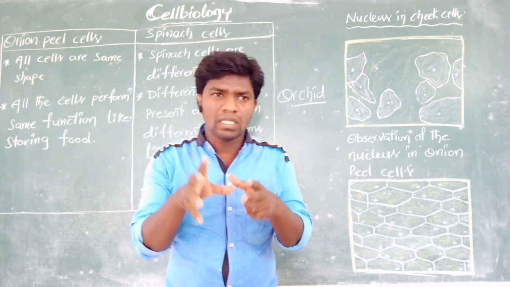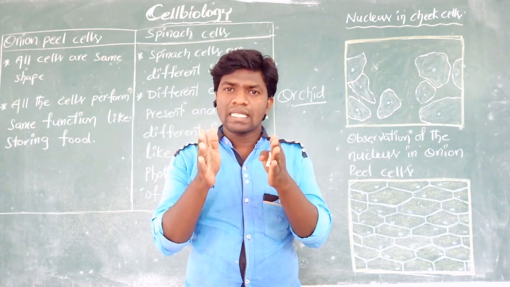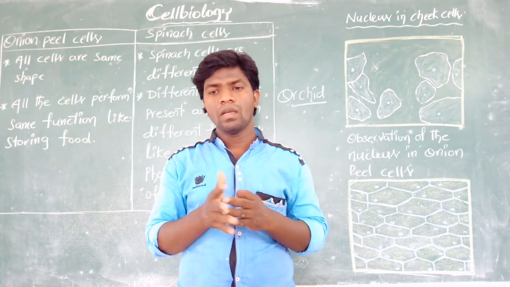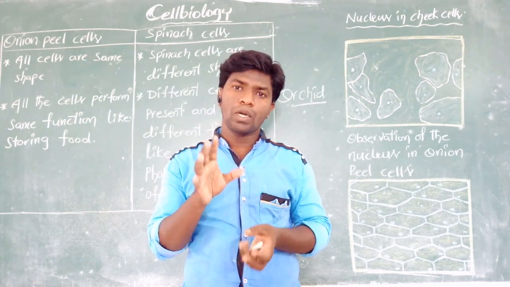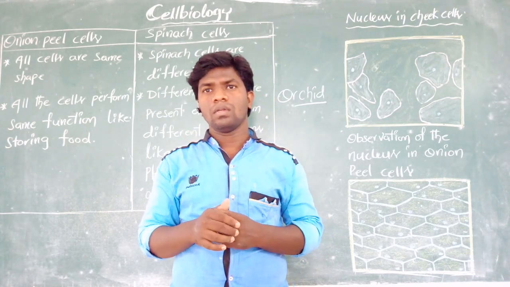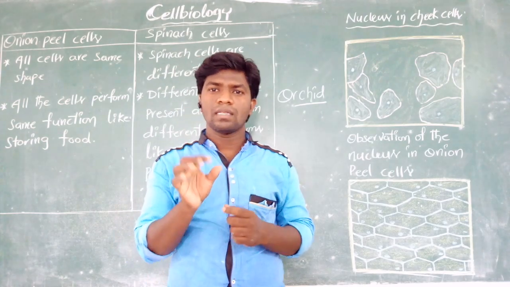Along with the nucleus, the integral part in the orchid leaves, Robert Brown observed some stomatal cells. Stomata.